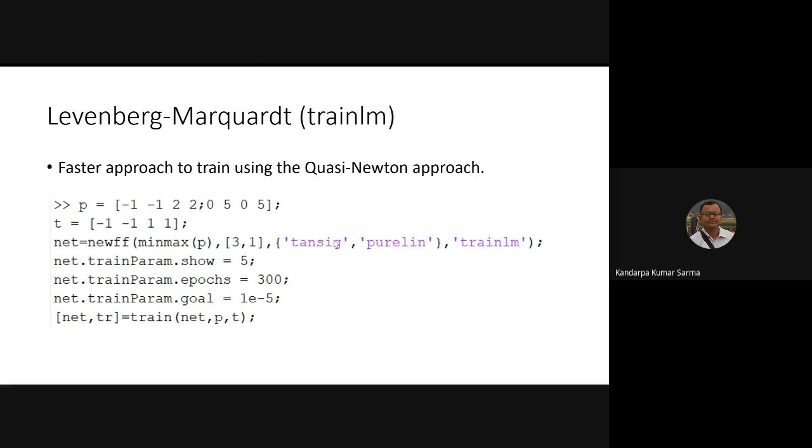So it's quite fast and known to be fast, and it is found to be possessing better generalization characteristics. So it is denoted by this train LM, and is quite popular worldwide.